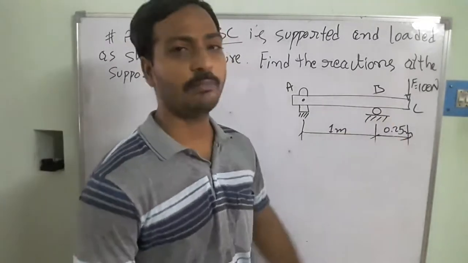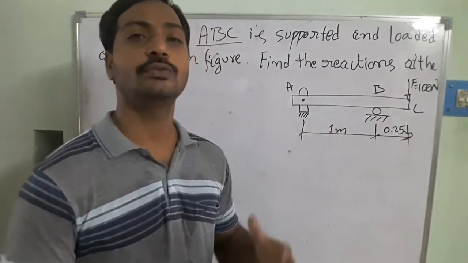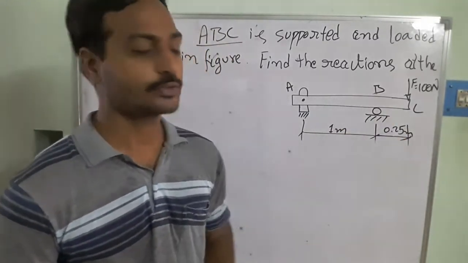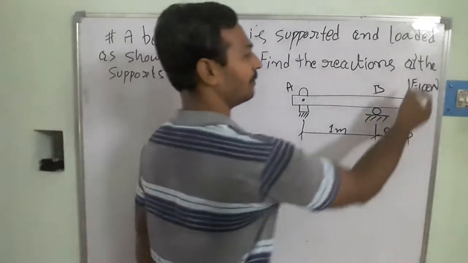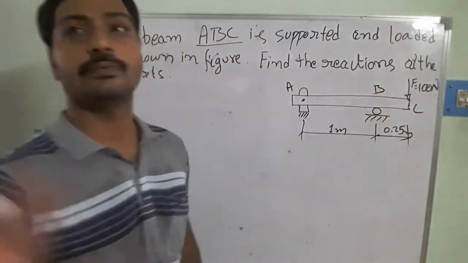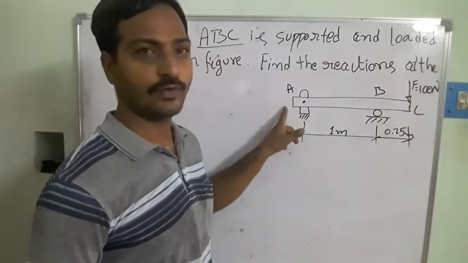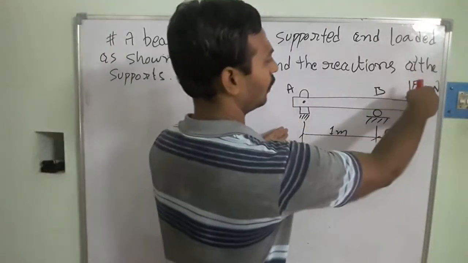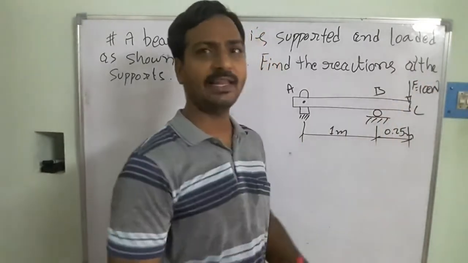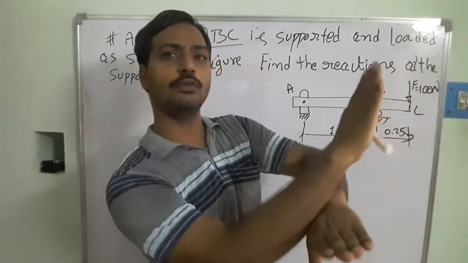And B is going to be acting like a fulcrum. We need to find out the motion. So I am going to apply the load here. Because this point is acting like a fulcrum, the point A is trying to move in the upward direction.